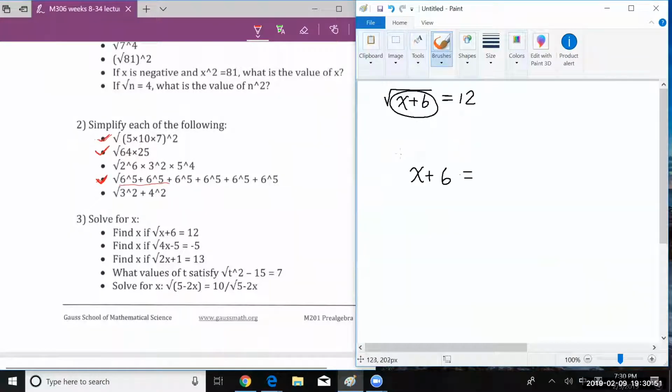Very good. So look at x plus 6 as a whole item. I want to know, is it 144, correct? So x plus 6 equals 144. I can move the 6 from left to right, which plus 6 becomes subtract 6, so x is 138.